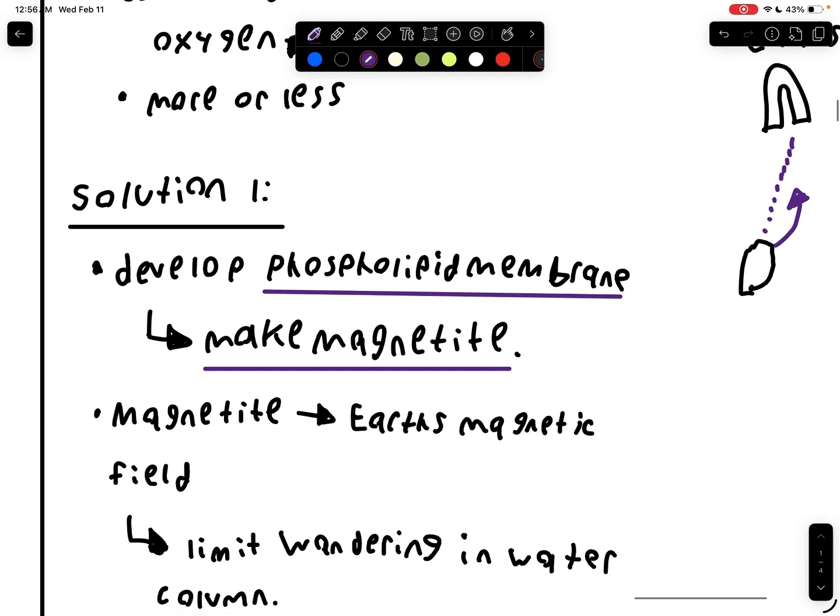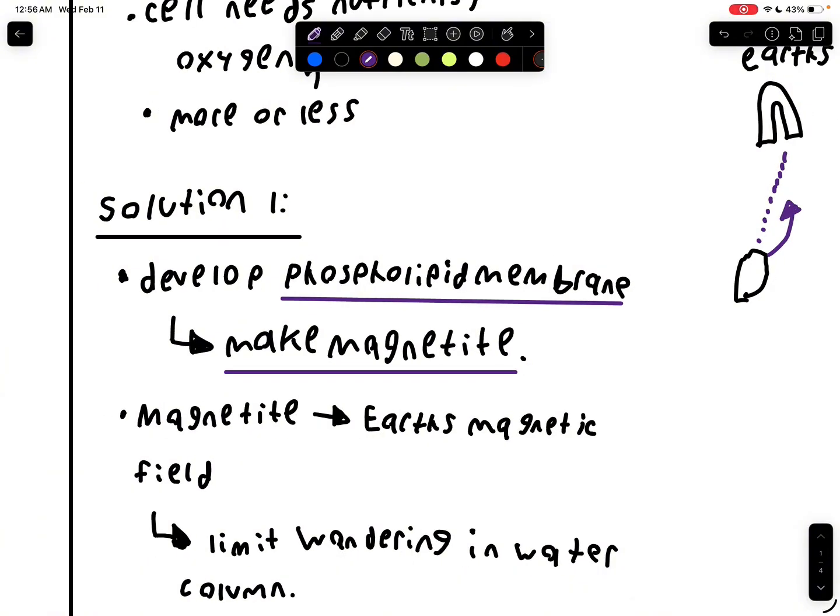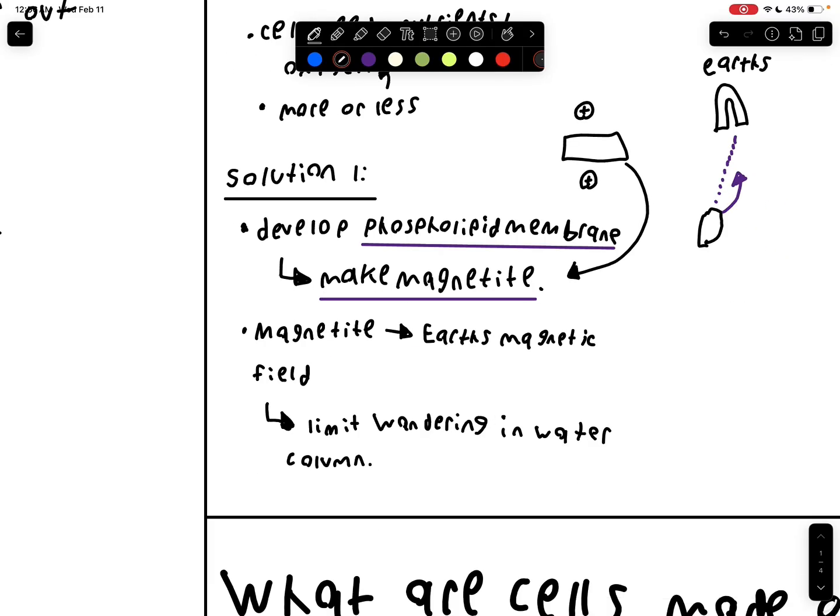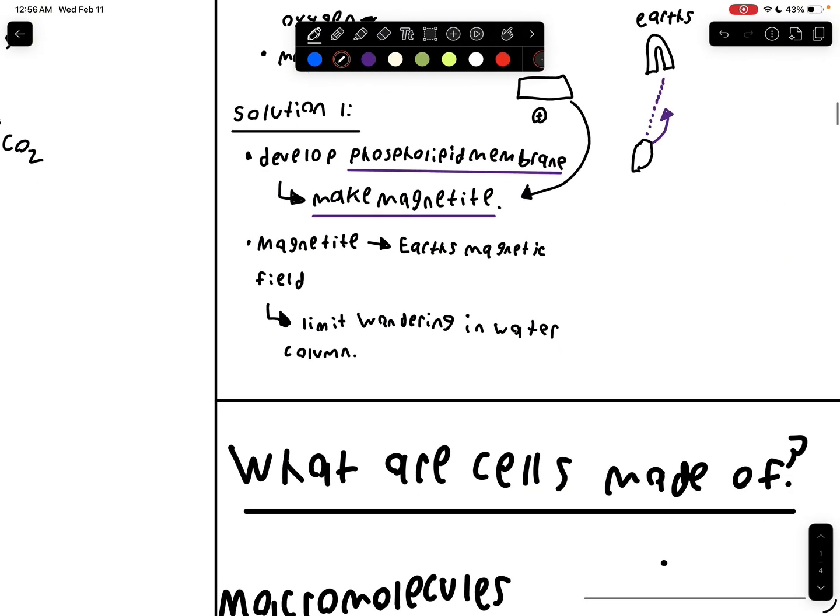And we won't go into exact excruciating detail on how this happens, but just know the phospholipid membrane, remember how it has selective permeability? So your phospholipid membrane allows ions in or keeps them out. This allows it to make magnetite at a very basic level. That's why you need a phospholipid membrane. But again, we won't go too in detail on that.